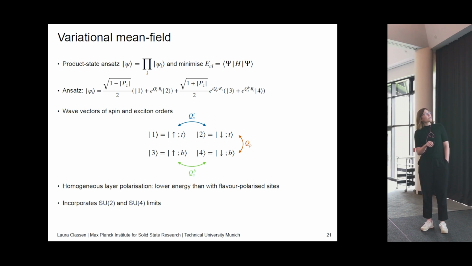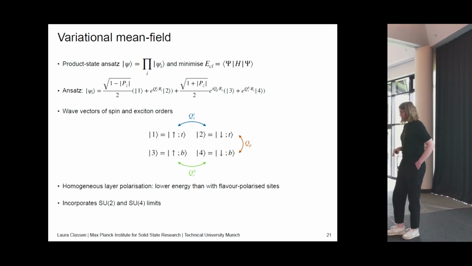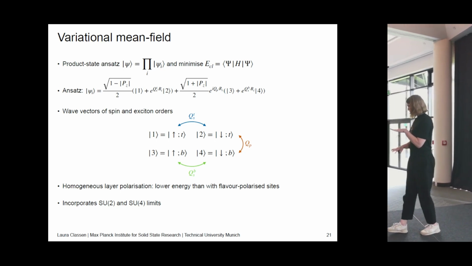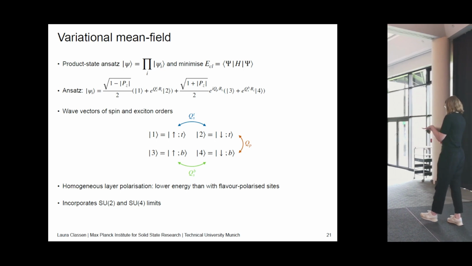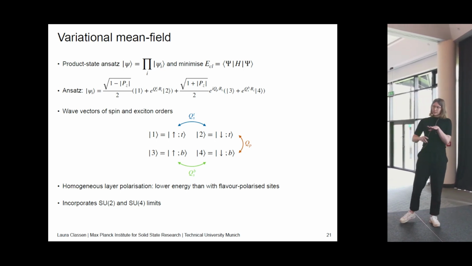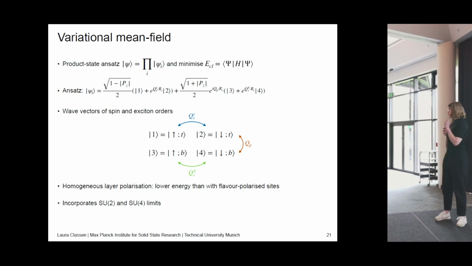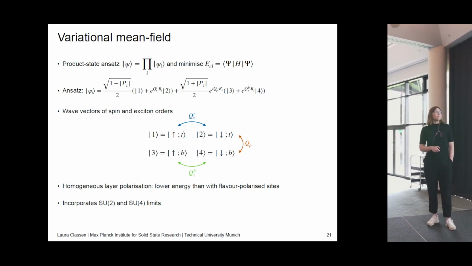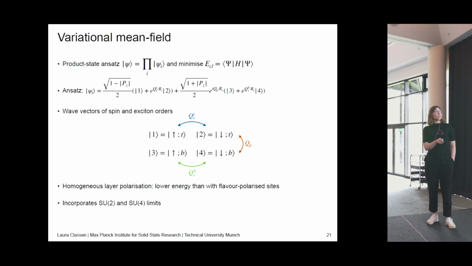And then we have these wave vectors here, 3 of them, QST, QSB, and QP, which will describe the spin order in top and bottom valley, as well as the relative density wave order between the layers, or if you like in a field, you can call this an excitonic order. So QS top would be the wave vector of a spin density wave in the top layer, QS bottom of the one in the bottom layer, and QP of the excitonic order.